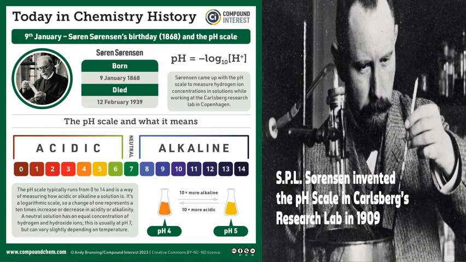So if we talk about the universal indicator, that is the pH scale, there are three types of indicators. The first one is synthetic, the second natural, and the third one is the universal indicator. The pH scale was given by Sorenson in 1909.